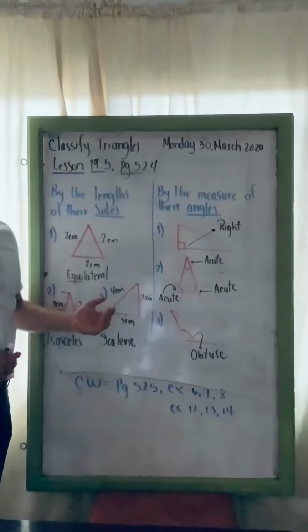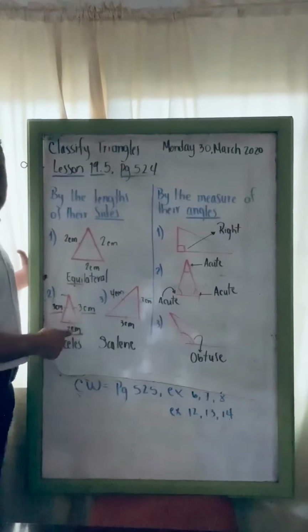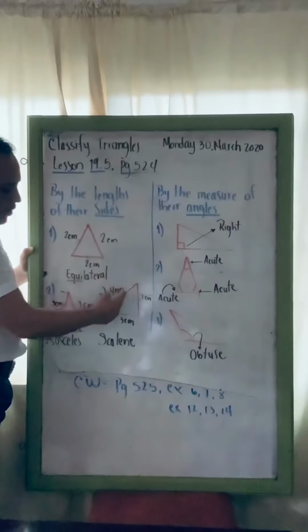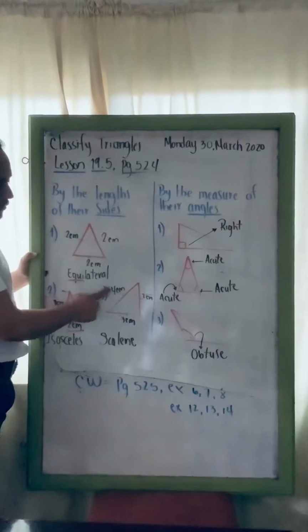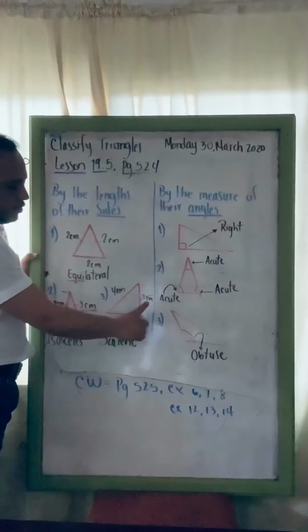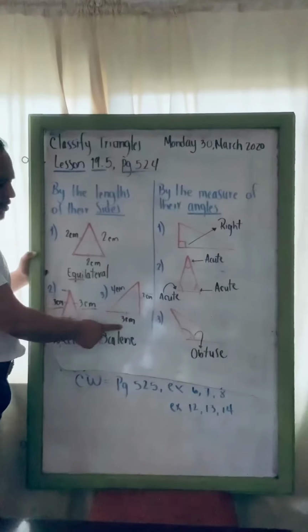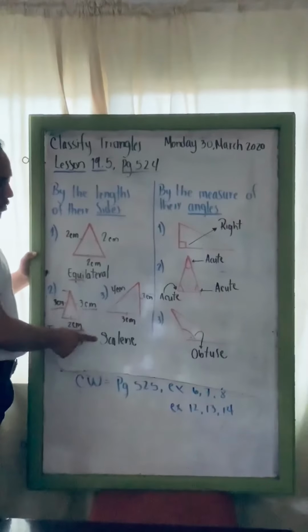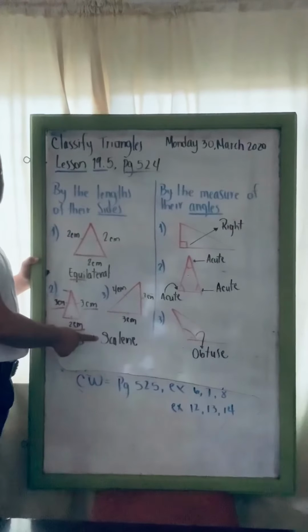For the third classification of the first division, we have a triangle whose measures are totally different. Here you can notice that the first measure is 4 centimeters, the second is 2 centimeters, and the third and last is 3 centimeters. None of the measures are the same, so we call this type of triangle a scalene triangle.